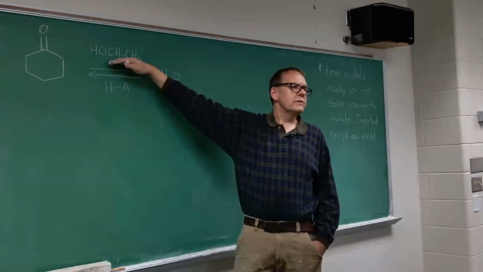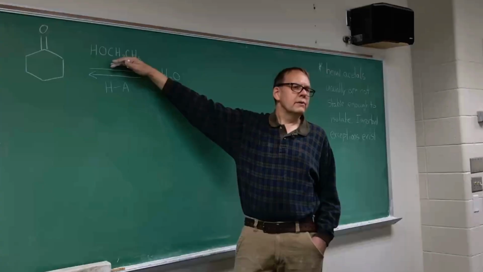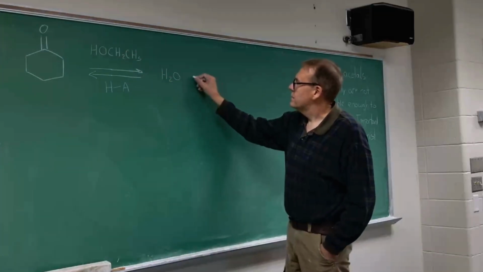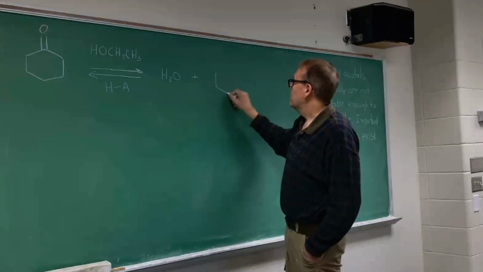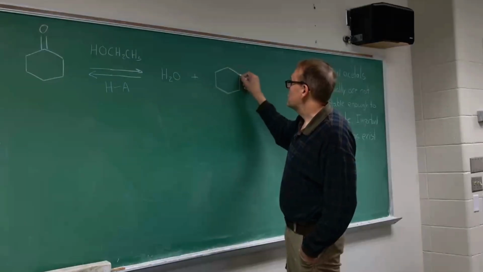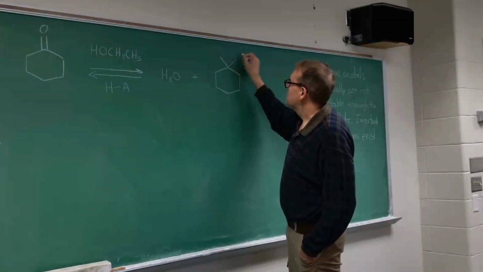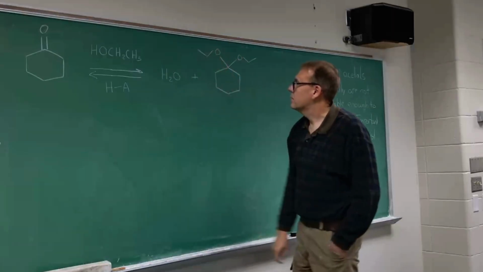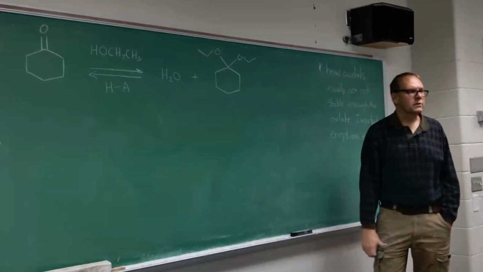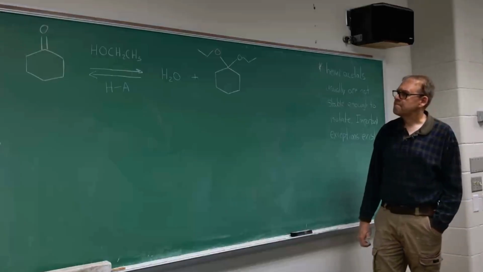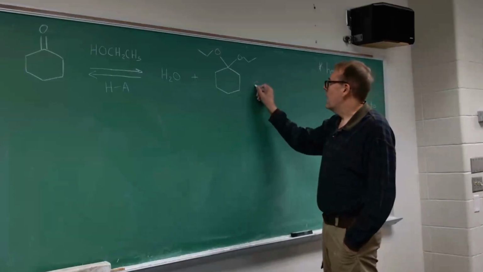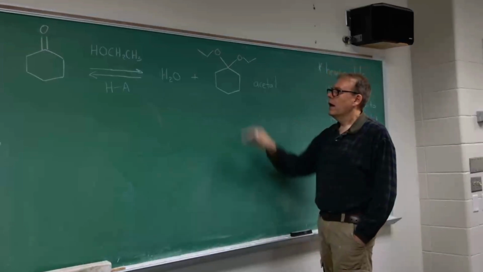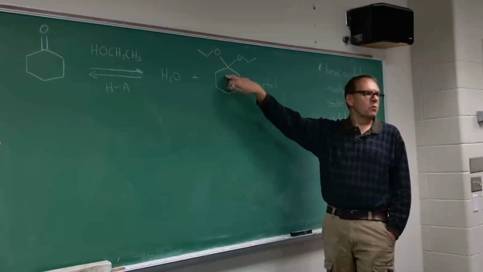This isn't a balanced equation, but you've got to know that basically this is one that's going to use excess alcohol. And the thing that comes out of this, besides the water, is going to be this acetal structure where the carbonyl has been replaced by two OCH2CH3 groups. I'm just drawing it as a skeletal structure there. So this is an acetal. And it happens to have the ketone being cyclic.